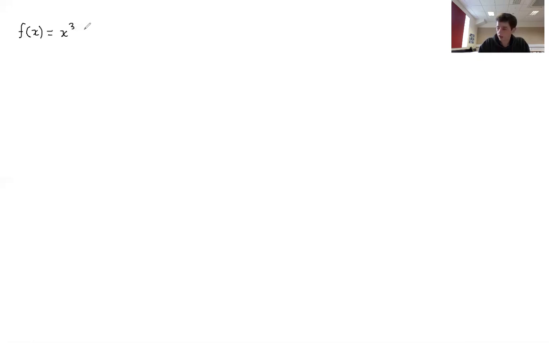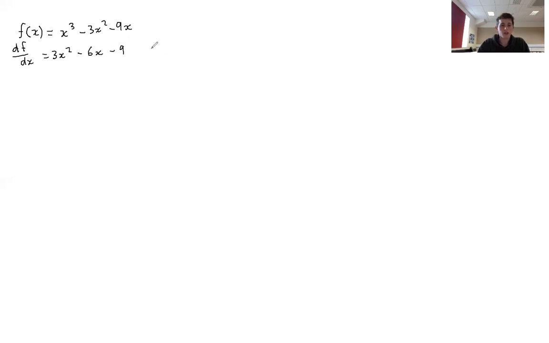So we have our function x cubed minus 3x squared minus 9x. Because we want to find local extrema, we need to differentiate. Doing that, we get 3x squared minus 6x minus 9.